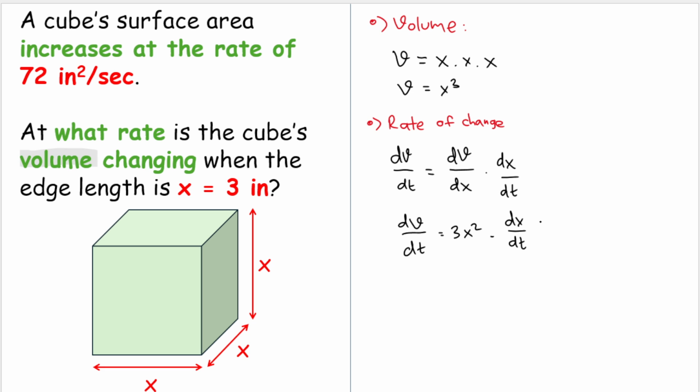Okay, however, we have some problem here because this is dx/dt, but we are given the rate of surface area change. We don't have this. Maybe let's save this as equation number 1 first, and we can come back to it later. So now we need to find out the surface area.